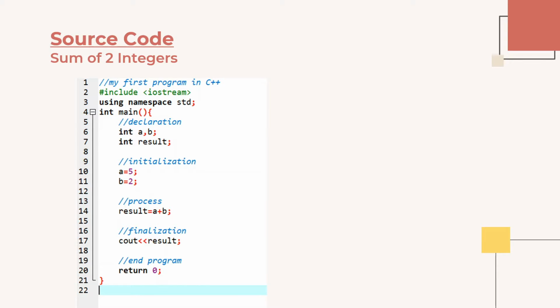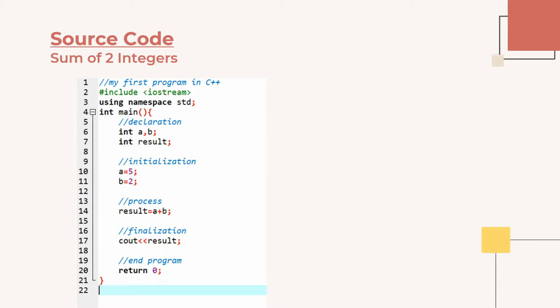And the second step is initialization. This step will initialize the variables a and b with initial values. In this example, the value of a is 5 and b is 2. And then the third step is process. This step contains the sum process with the result formula a plus b. Then the last step is finalization.